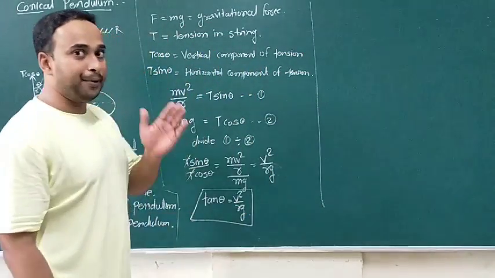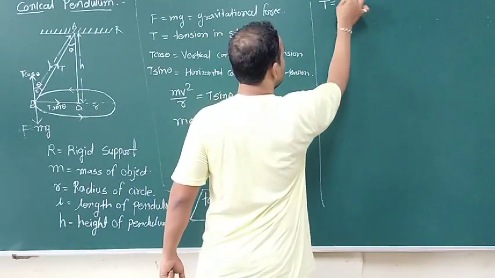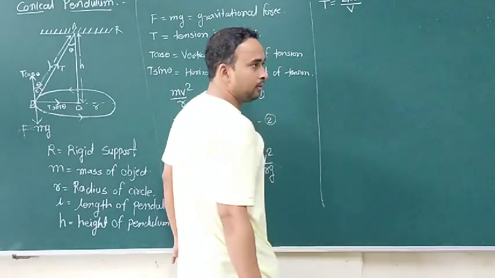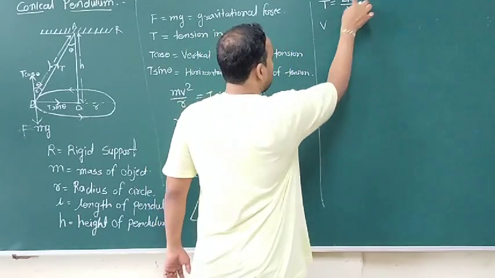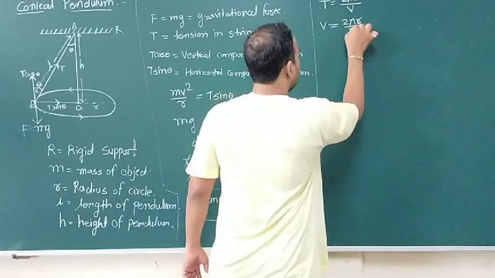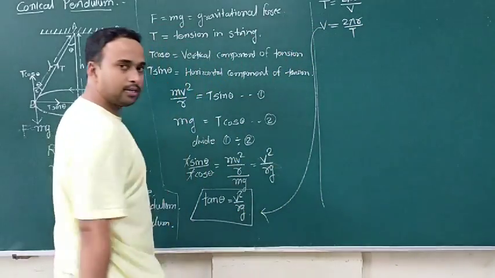In the previous lecture we learned that the time period T is equal to the circumference of the circle, that is 2 pi r, upon its velocity. So T is equal to 2 pi r upon v, so v is equal to 2 pi r upon T. Substitute this value in this equation.